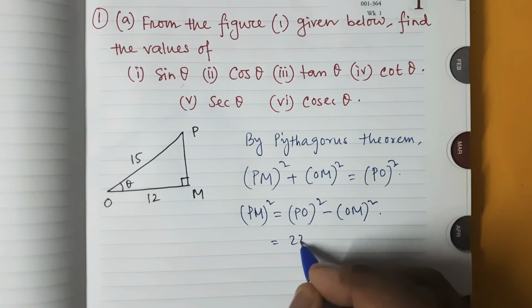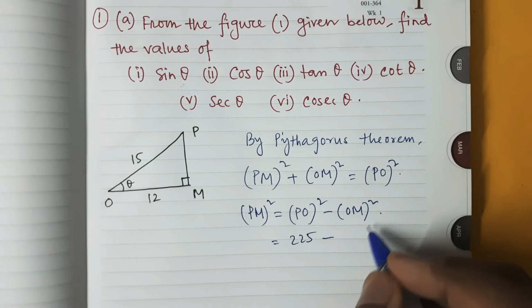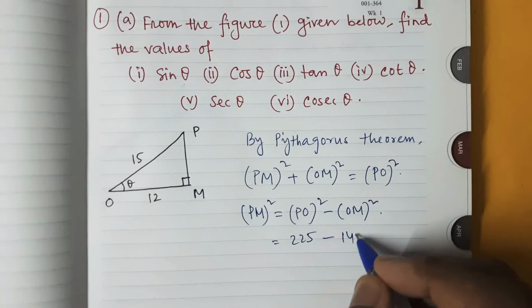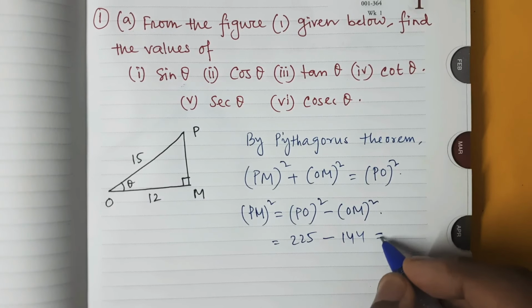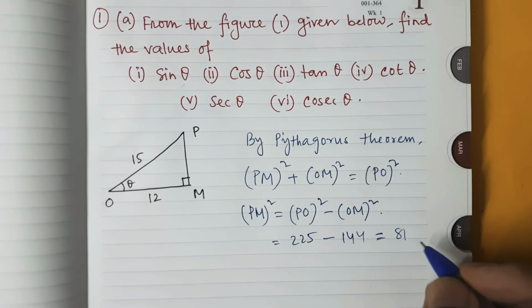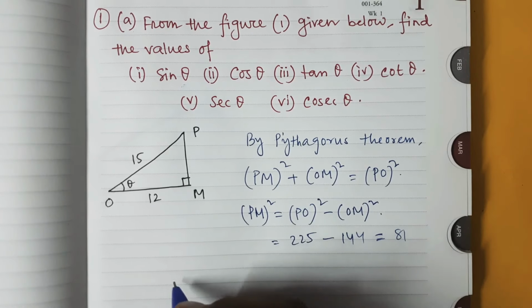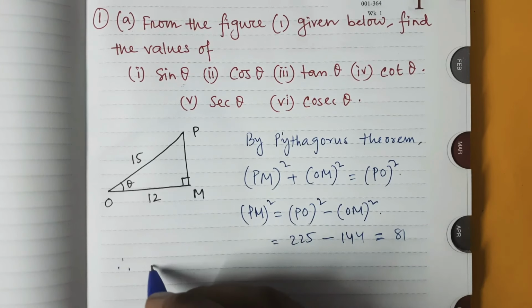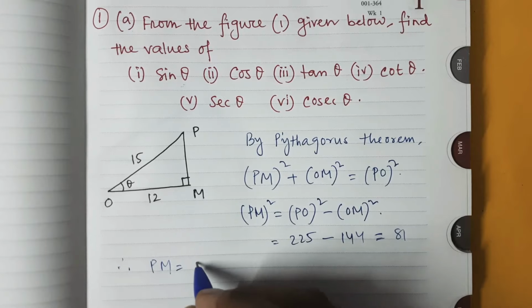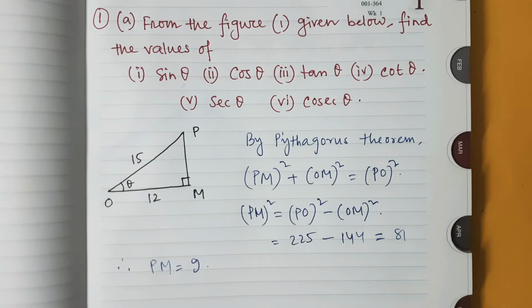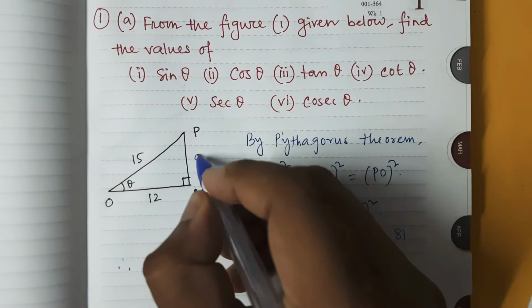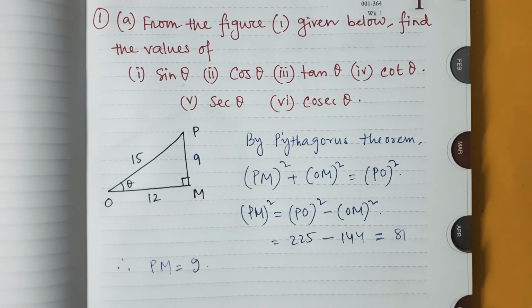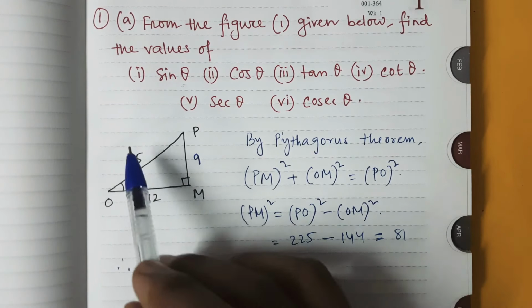So 15 square is 225 and this is 144. So it is going to be 81. So therefore what is the value of PM? PM is 9. So that means this side PM is 9.